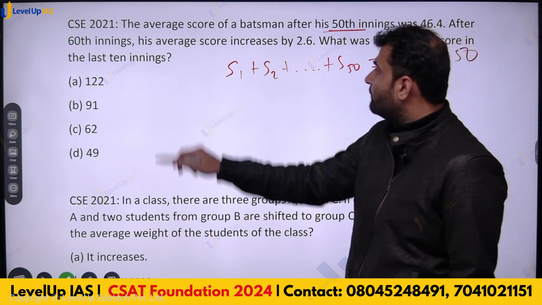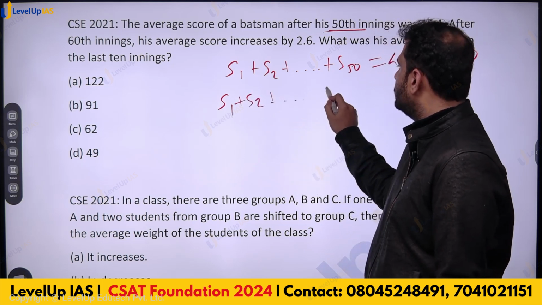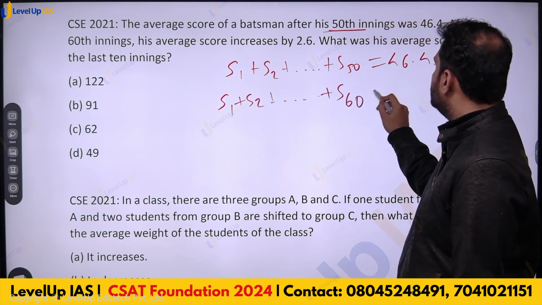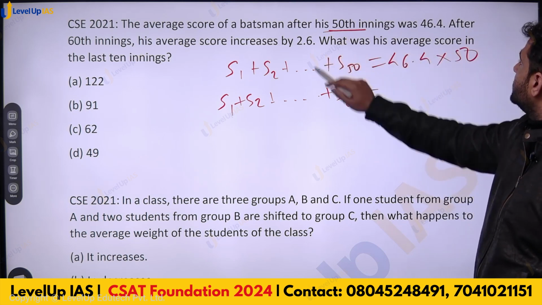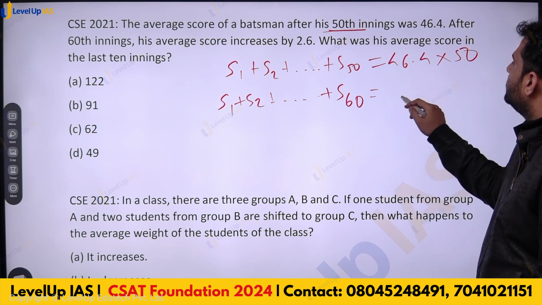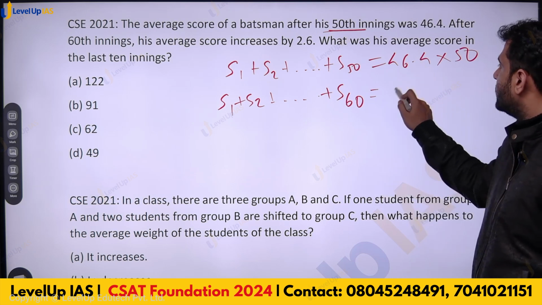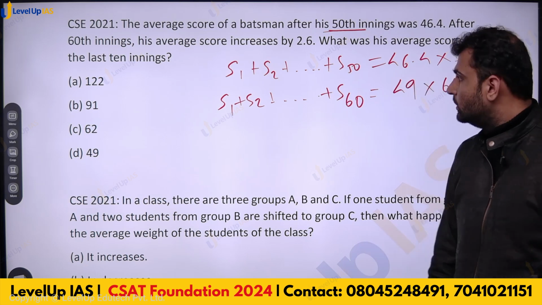Then what do we have after the 60th inning? So S1 plus S2 plus up to S60 is equal to what? The average has increased by 2.6. So it has become 47 plus 2, 49 into 60.